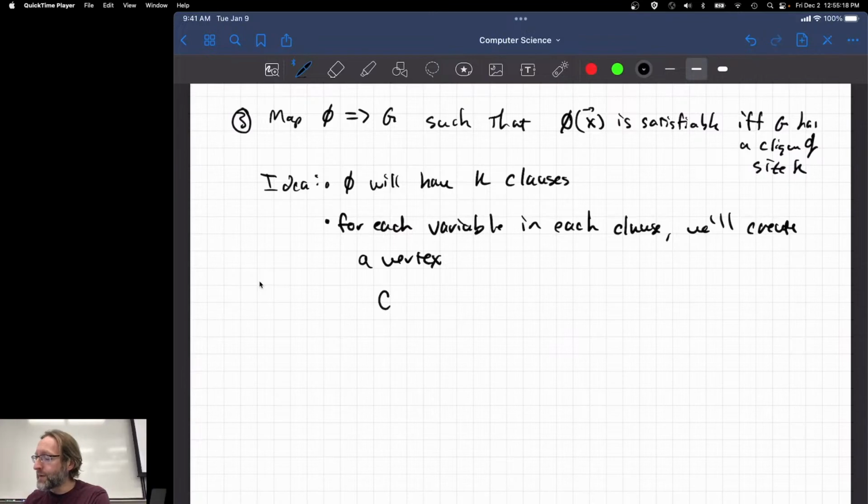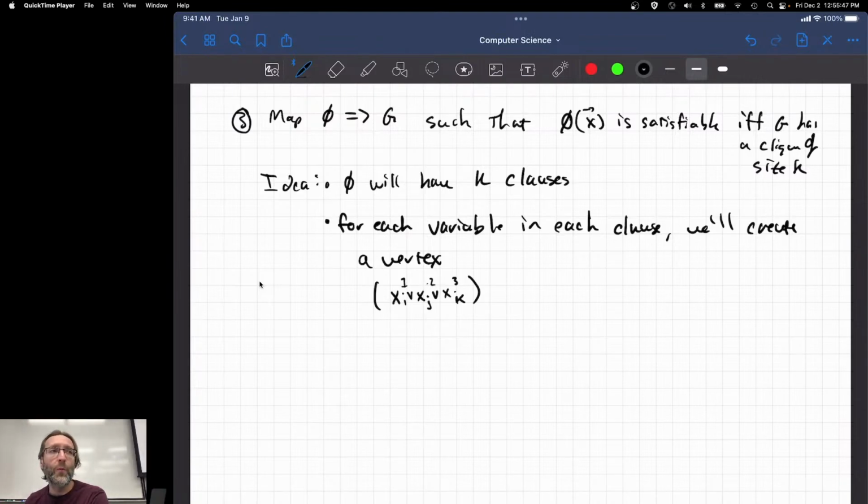So here's a clause, let's just call them what they are: x sub i, x sub j, x sub k, labeled 1, 2, and 3. Here's a clause, and it's a disjunction, so it's OR.